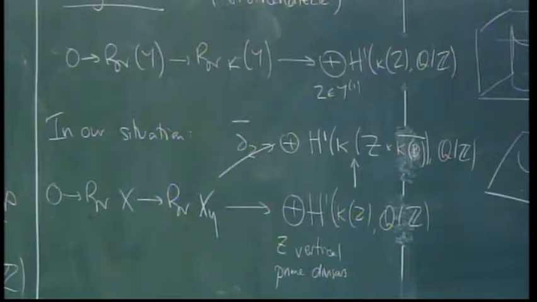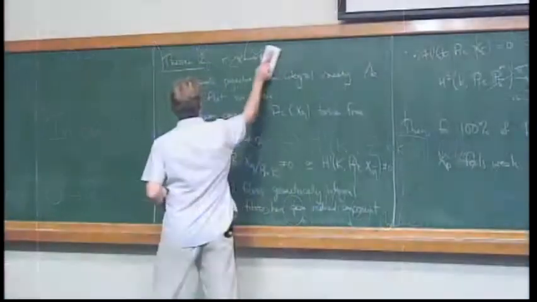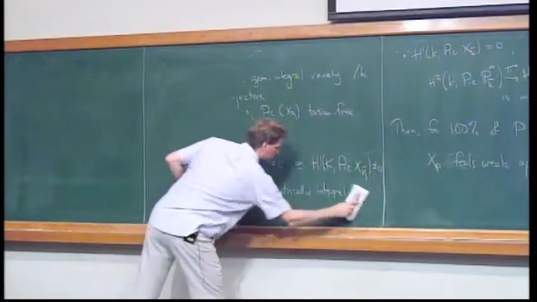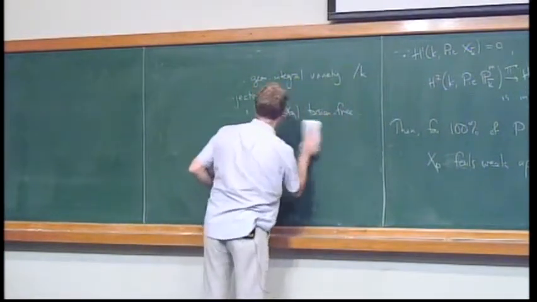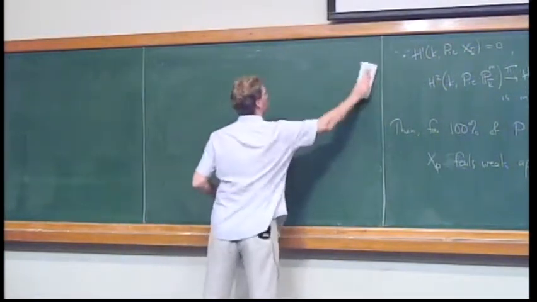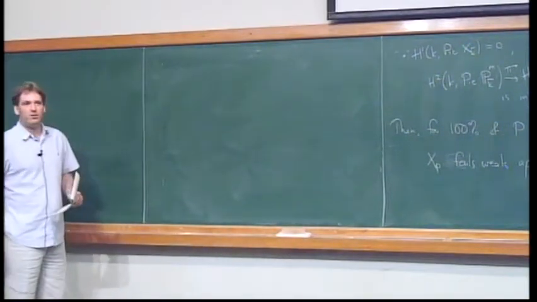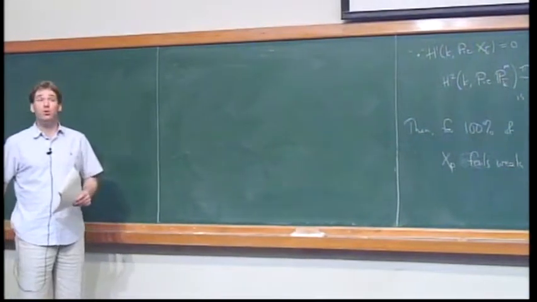Okay. I need another thing about residue maps. I'm going to have to get rid of this. Let's think temporarily about instead a variety over a local field.